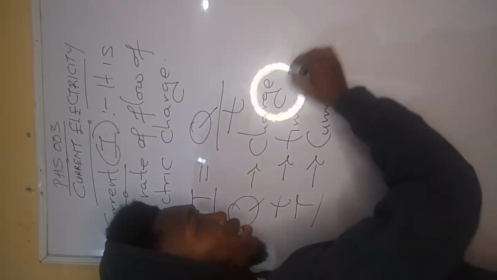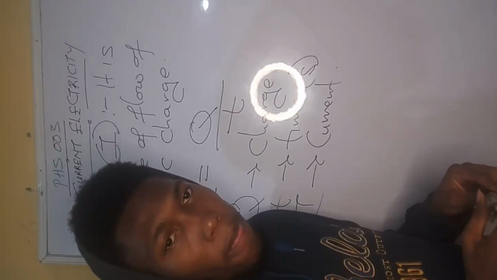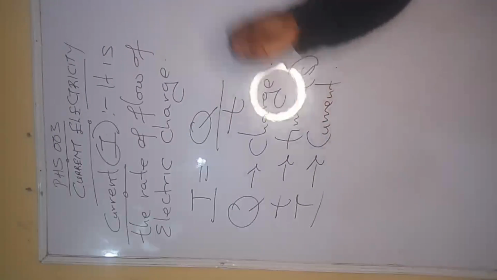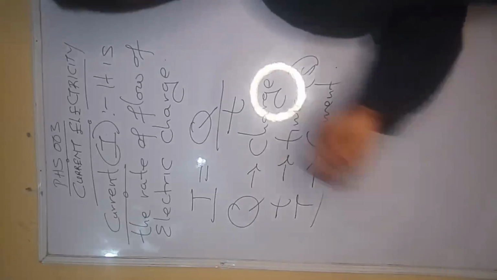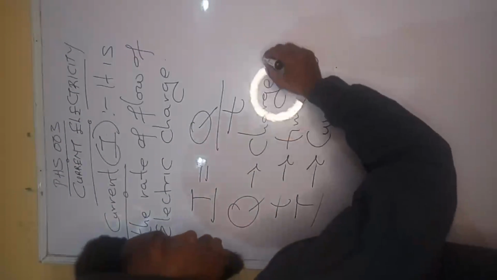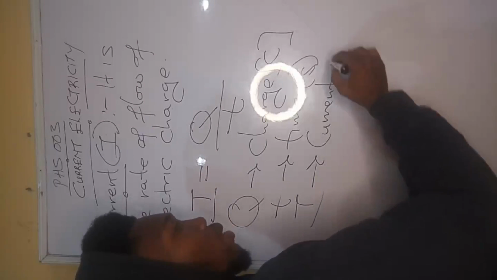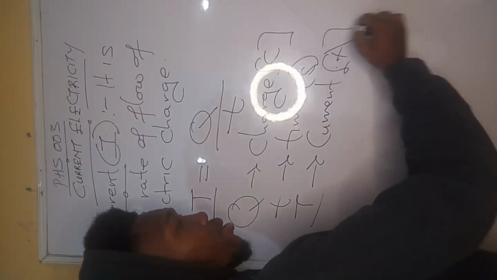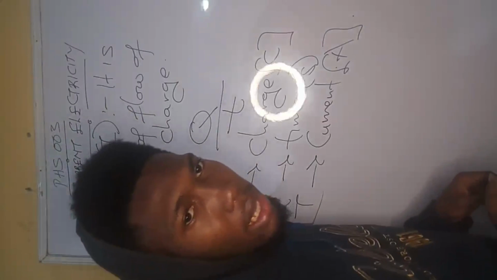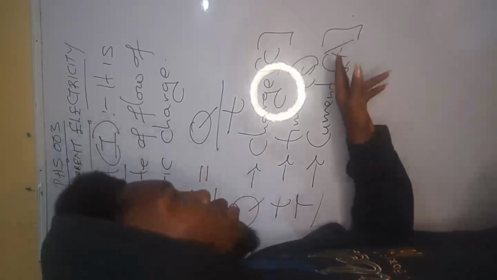Charge is measured in coulombs. So it's measured in coulombs, C. That's what we call C. While your current is measured in ampere, A. Are you getting that now?